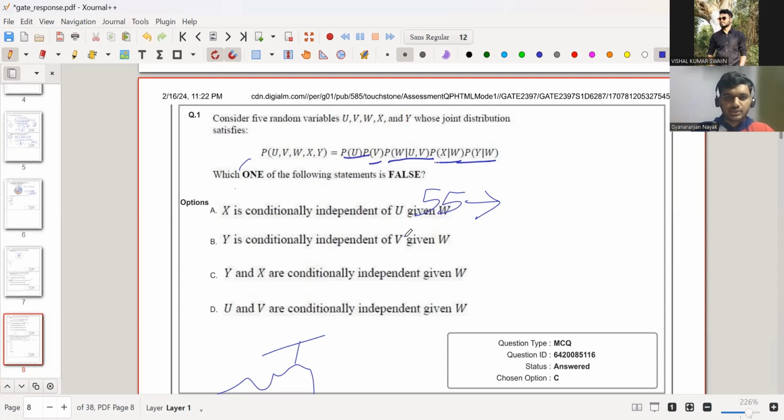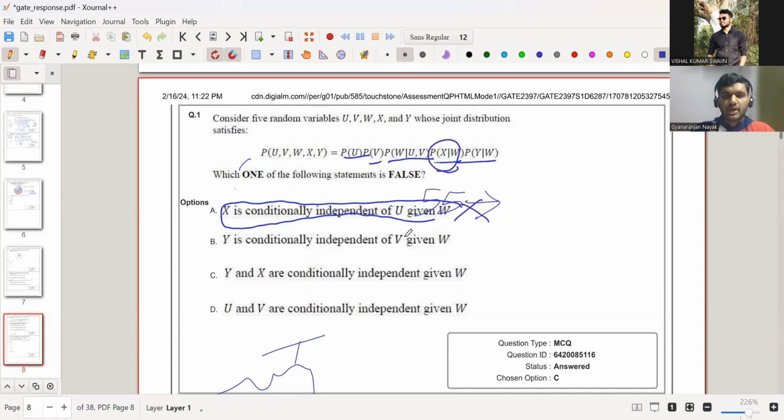First, you check: X is conditionally independent of U given W. This is correct, because X is dependent on W only.